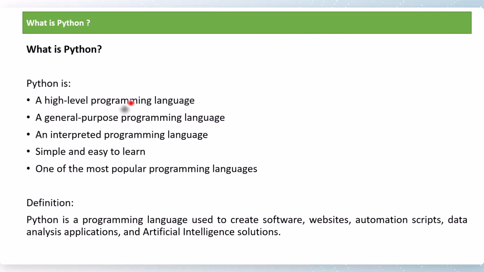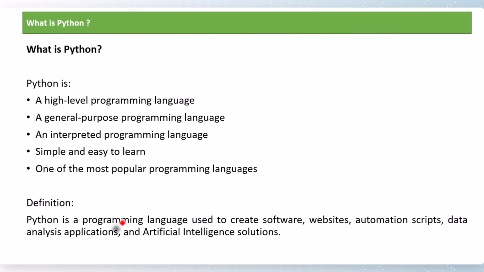What is Python? So Python is a high level programming language and it is a general purpose programming language, also called as an interpreted programming language. And Python is very simple and easy to learn. In short, we can say Python is one of the most popular programming languages nowadays.